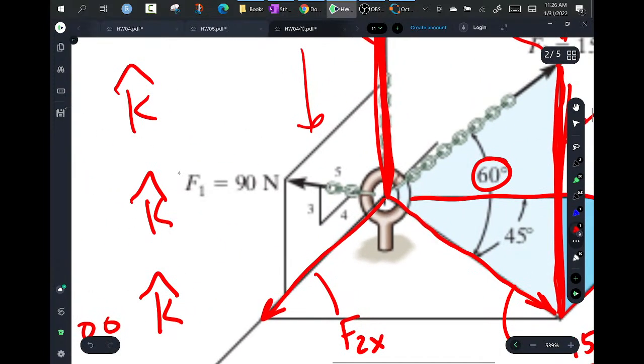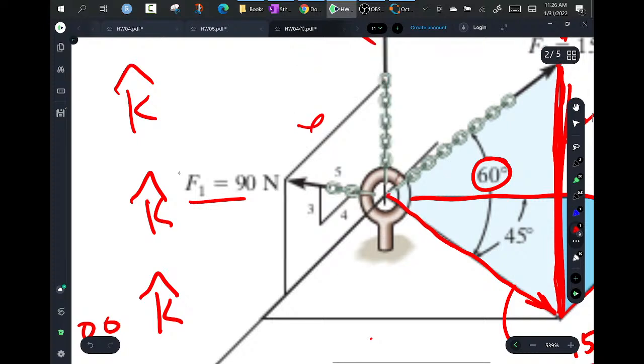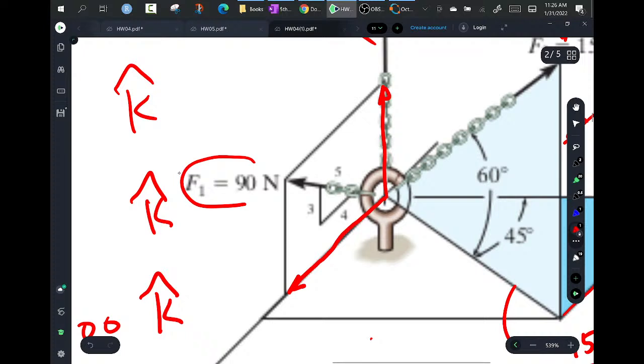This one's even easier. This one right here. In other words, that's 90, right? So let me get rid of this. And we'll get rid of this. And we're focusing on now finding the components here on this F1. So what you've got is a component here and one going here, but you have nothing heading to the right. There is no component that way. It's in this plane. And he's indicated that by putting this box around it. He didn't color it, but he should have, and the color should sit right here.